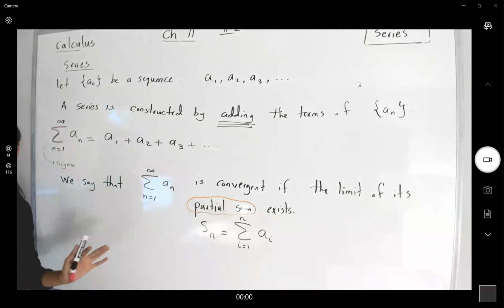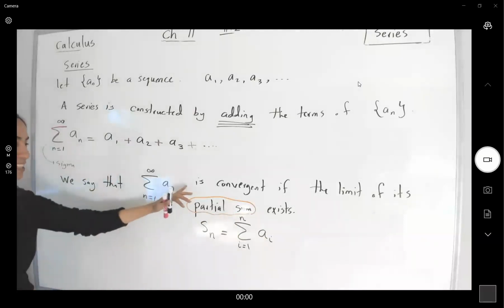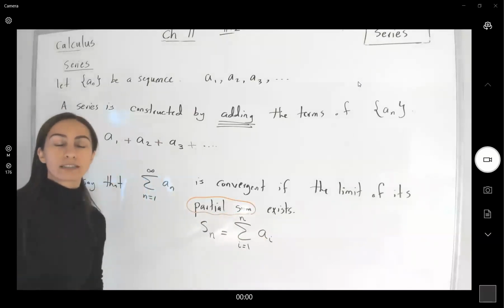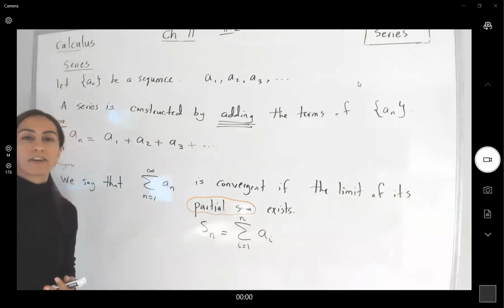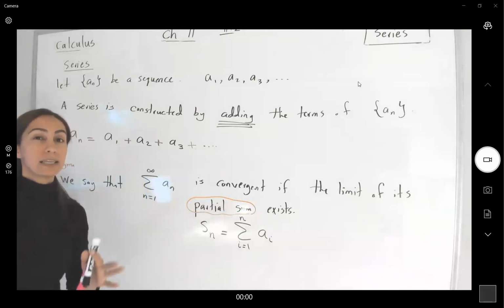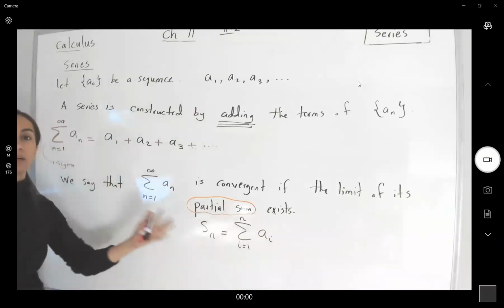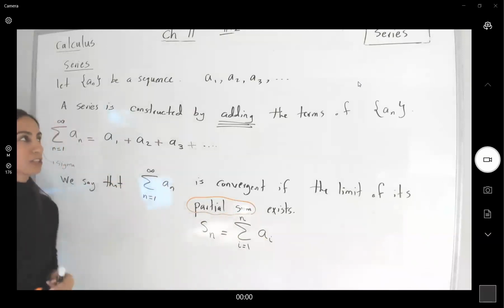So guys, again, being convergent and divergent for a series is different from being convergent and divergent for a sequence. Do not confuse them. It's very important. It's usually a challenge for students to distinguish between a sequence and a series, being convergent, being divergent.